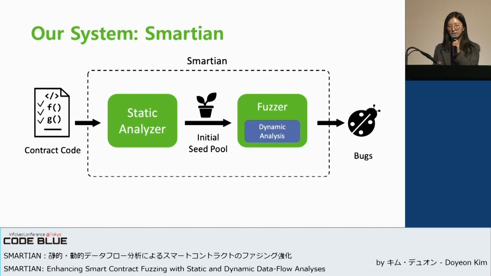First, the static analysis module will identify possible data flows and initialize the seeds by considering these data flows. Then the generated seeds are passed to the fuzzing module. When the fuzzing module starts to run, this time we employ dynamic data flow analysis to improve the effectiveness of fuzzing. I will cover more technical details of each module one by one.